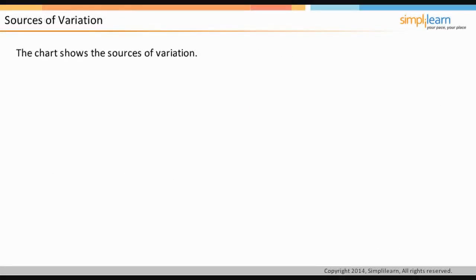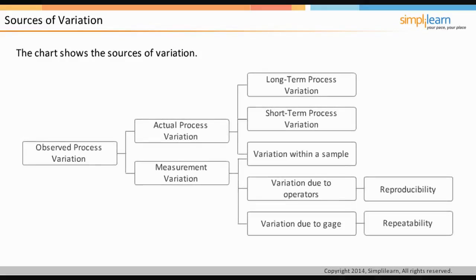In this screen, we will discuss the sources of variation. The chart on the screen lists the different sources of variation. Observed process variation is divided into two: actual process variation and measurement variation. Actual process variation can be divided into long-term and short-term process variations. In a gauge RR study, process variation is often called part variation.